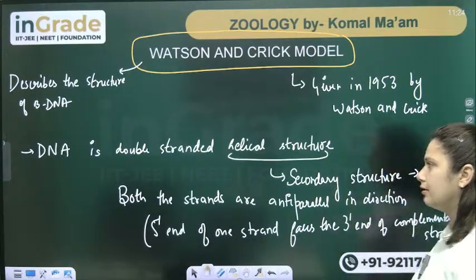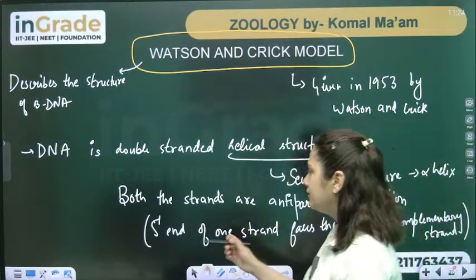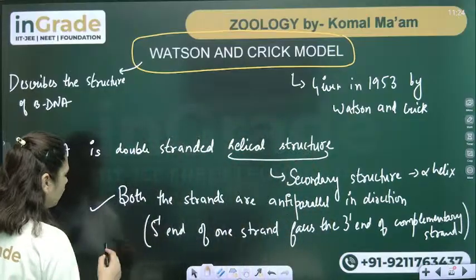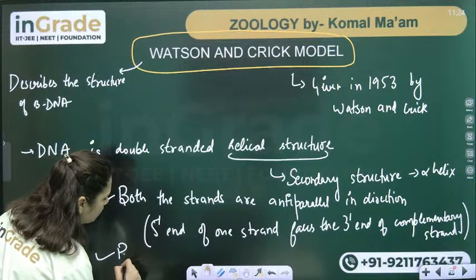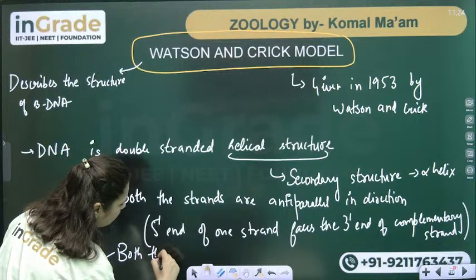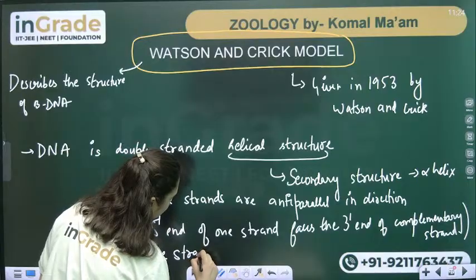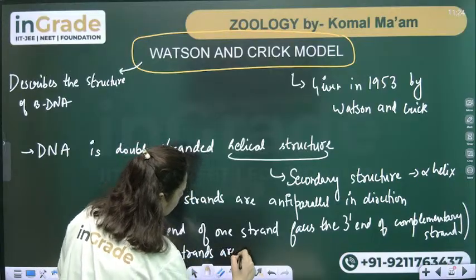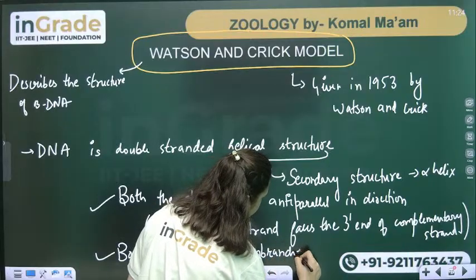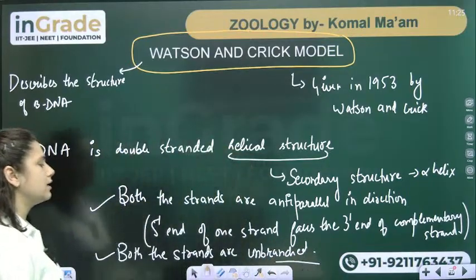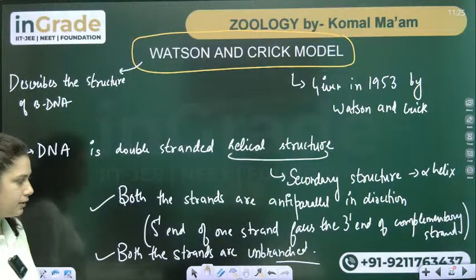What does that mean now? Let's discuss this point first. And also it tells us that both the strands are unbranched. Okay, both the strands are unbranched, right?